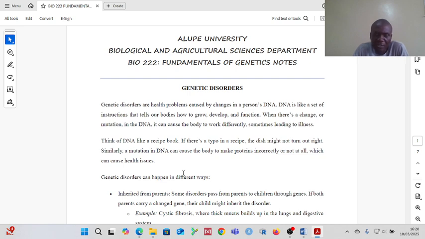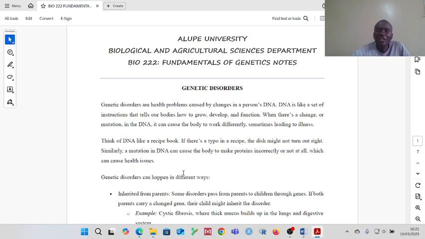Okay? So whenever there is a change within the instructions that our body receives from DNA, such a change can lead to an abnormality in the phenotype. Such an abnormality can come in the form of a disease. Okay?